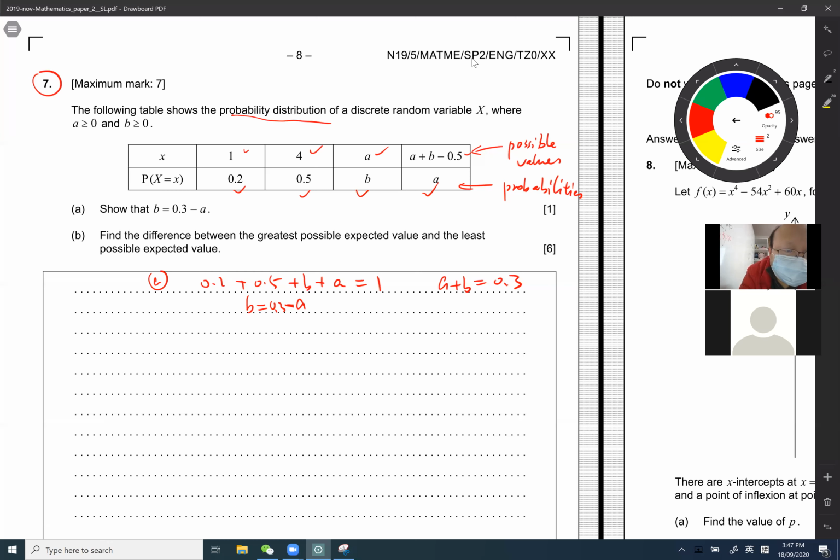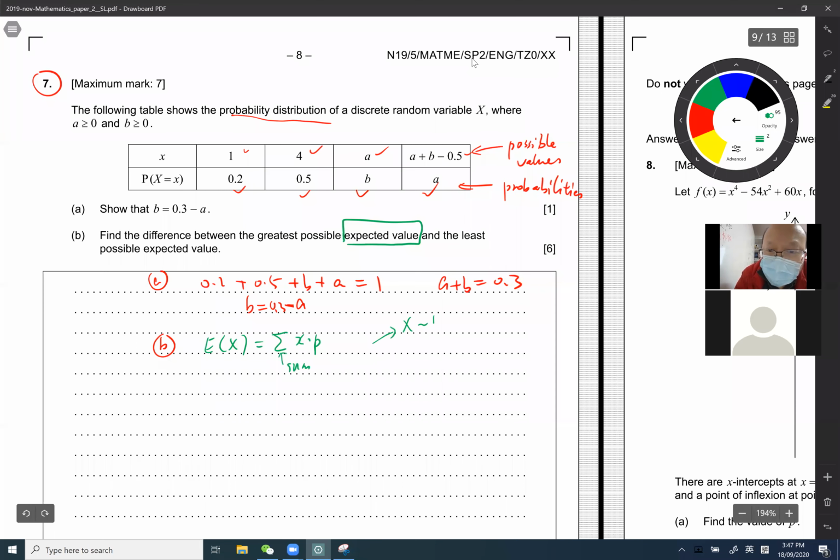Part B, they mentioned the expected value. In Cambridge exam, expected value formula, we got several. The first one is the basic one, value times probability, and work out the sum. But we learn more.